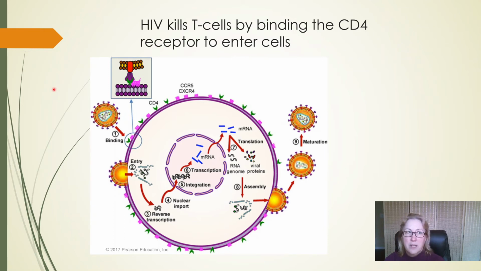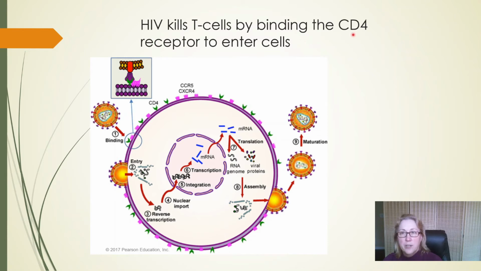A virus might be able to infect many different kinds of cells in the body, or it might only be able to infect a very tiny subset of cells in the body. So for example, cold viruses can bind to mucous membranes, but they can't bind to your liver cells or your brain cells. So they're never going to affect those organs.